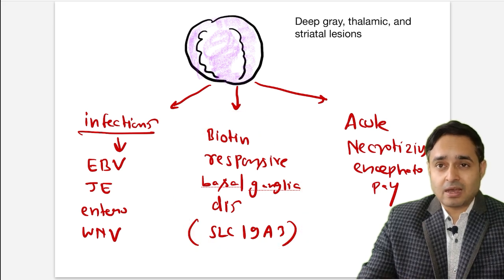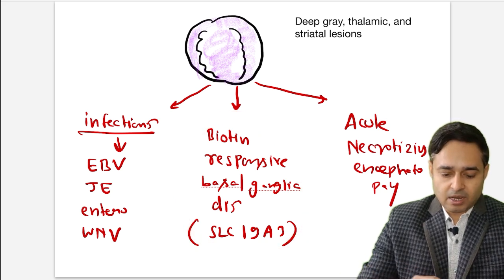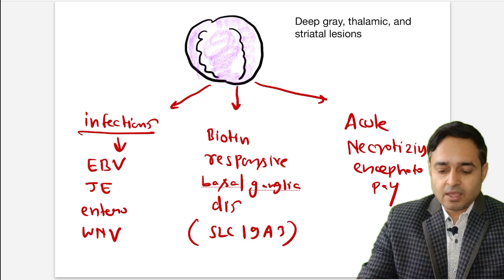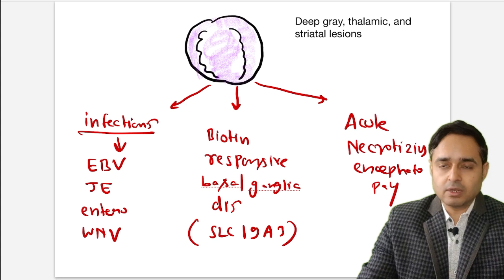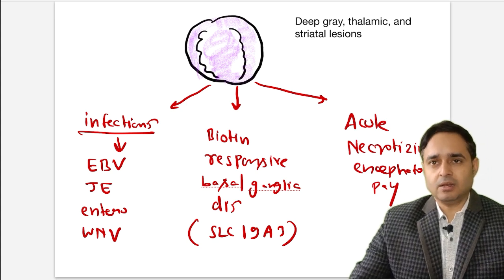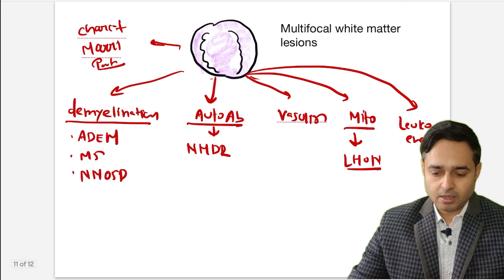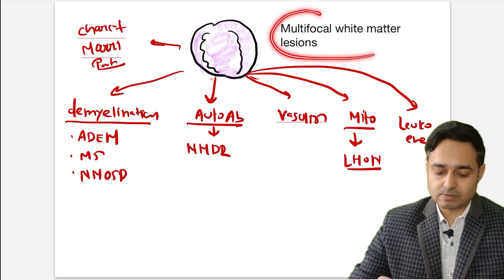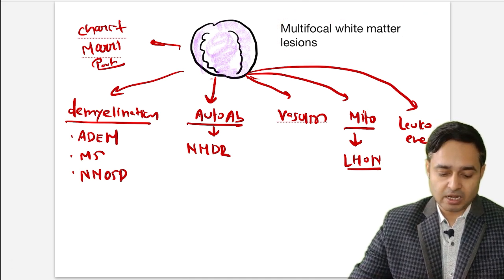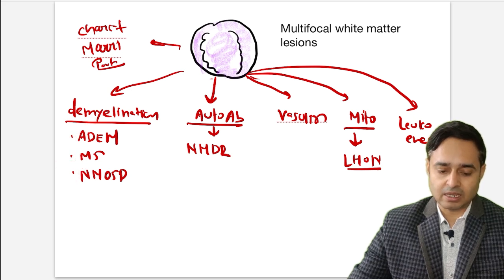This is a previously asked question and is very important. Just mark it. Acute necrotizing encephalopathy is one more thing which can involve deep gray, thalamic and striatal lesions. Next, multifocal white matter lesions. So this is multifocal; you can see demyelination, ADEM, MS, and NMOSD and MOGAD can do this.